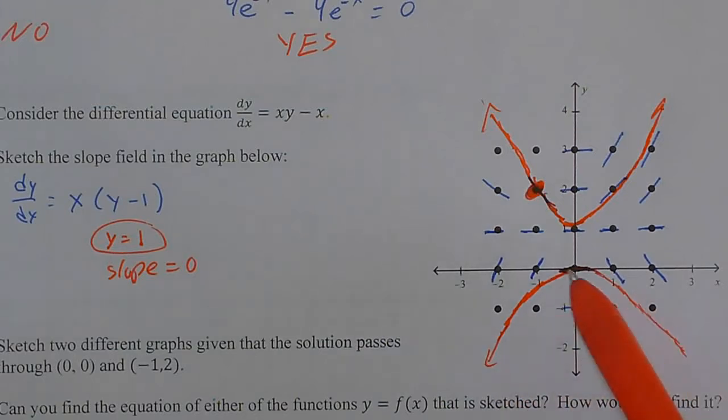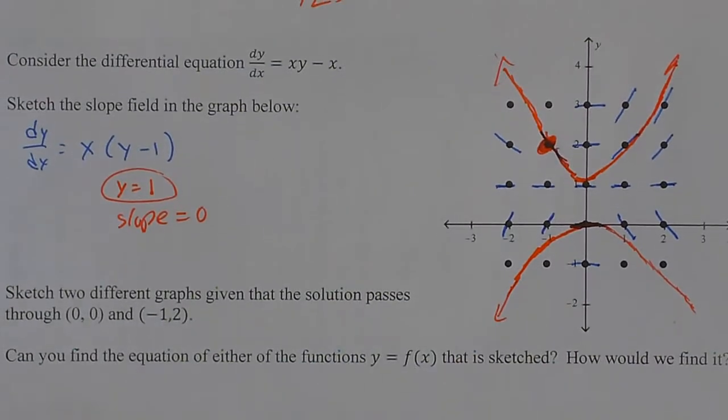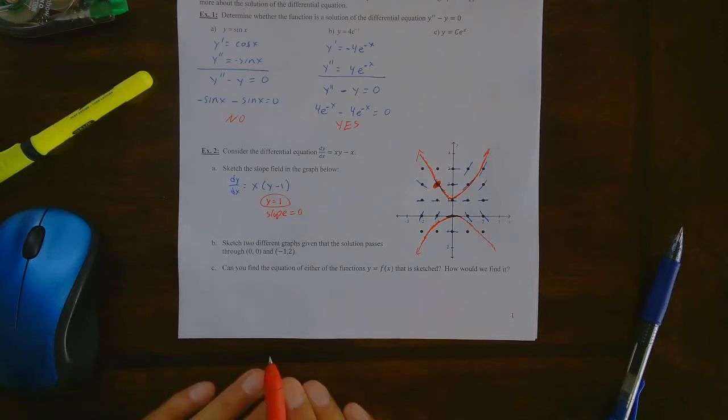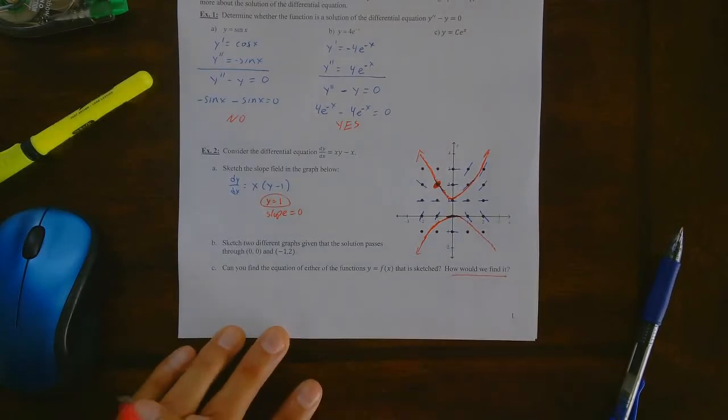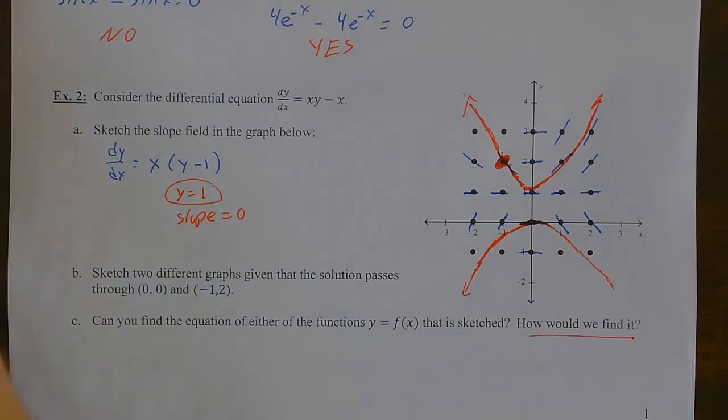Part C. Can you find the equation of either of the functions that you sketched? And more importantly, how would you find it? Ooh, I zoomed out too much. Well, to calculate that, the answer is yes, you can.